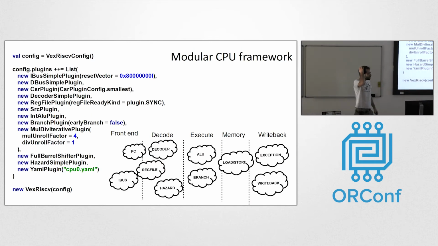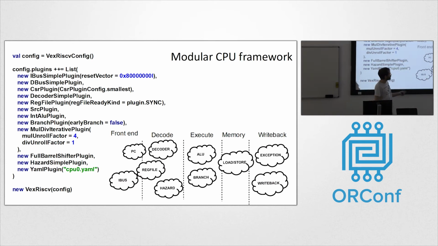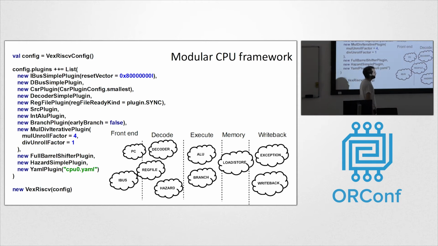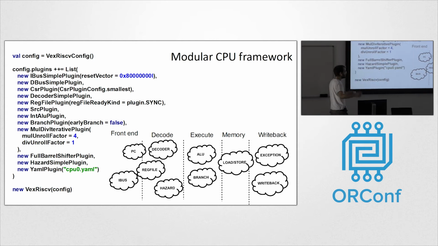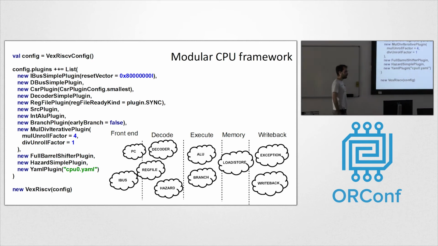Basically, in a CPU you have stages: the decode stage, execute stage, memory stage, write-back stage. Why not, maybe you have other stages. And you always have some really specific units, like the ALU, branch management, hazard management, register file management, the instruction decoder, whatever. This is how we can instantiate this CPU.